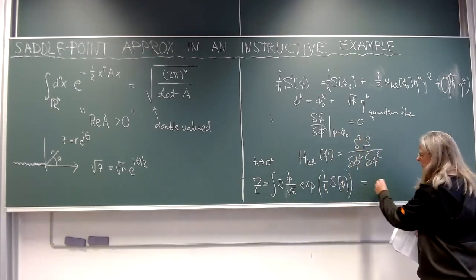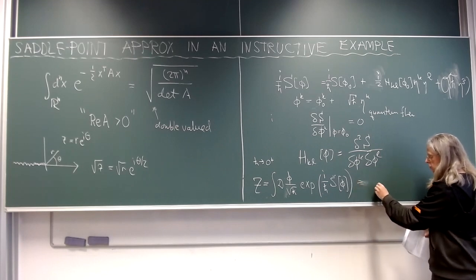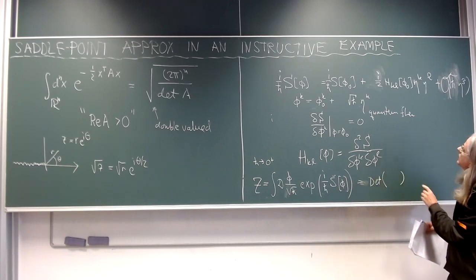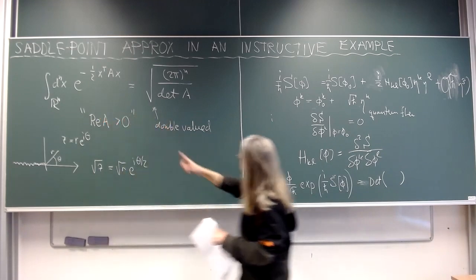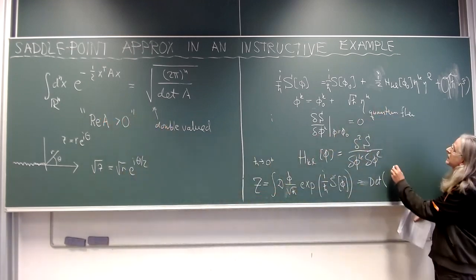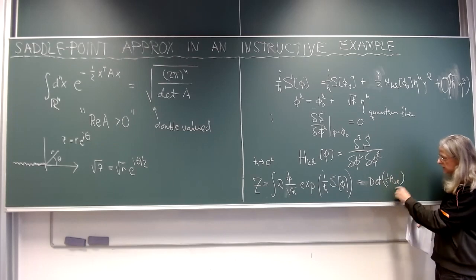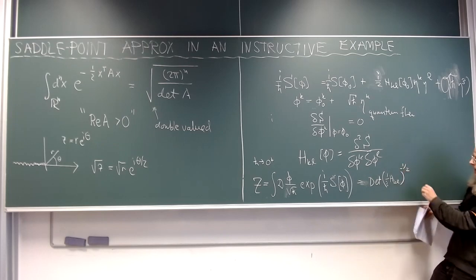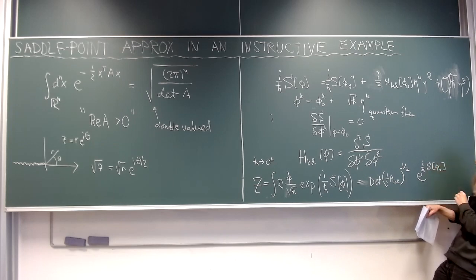It will be something like a determinant, and because I have a minus here, I have to put in a minus in front, so this becomes the determinant of (1 over i) H_kl, to the minus half, and then we get e to the i over h bar times the classical value of the action.